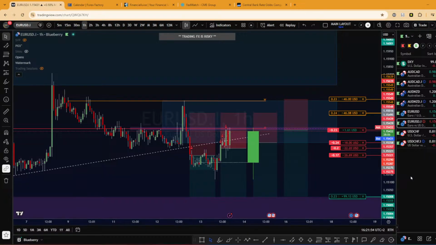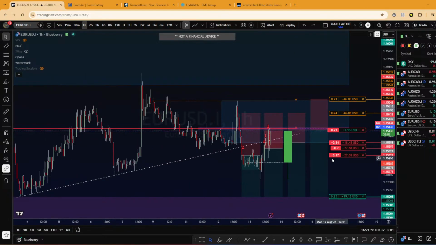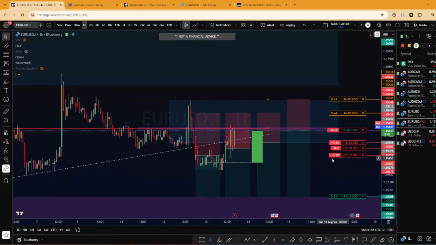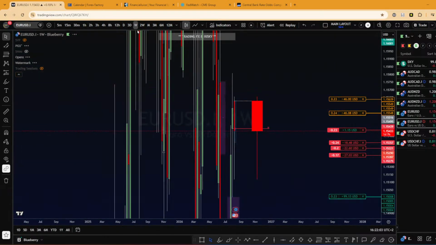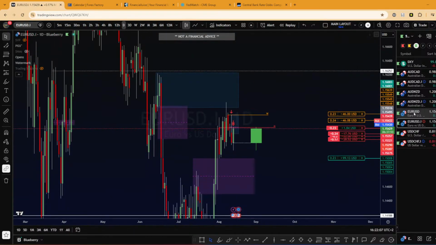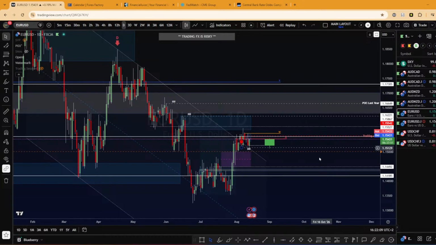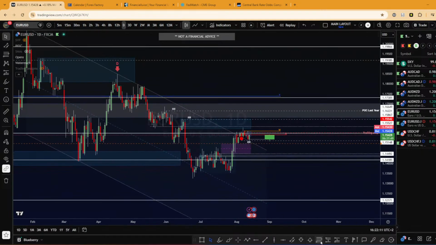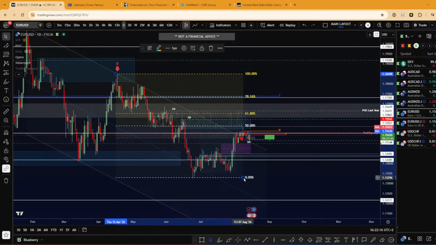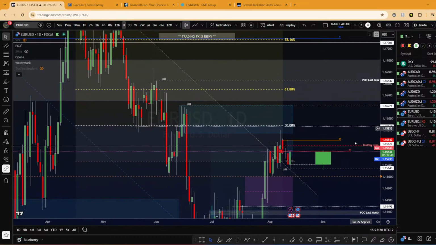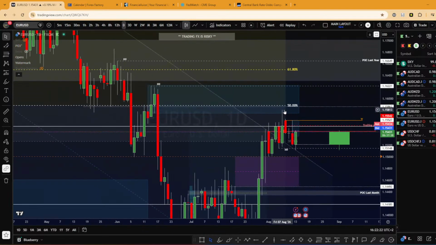Yeah, I think I'm going to close because on Euro USD, look at that. If I measure this last daily leg, you see, and if I zoom in, you can see we barely touch the 50% here.